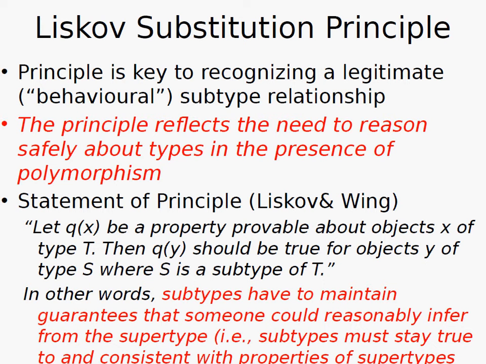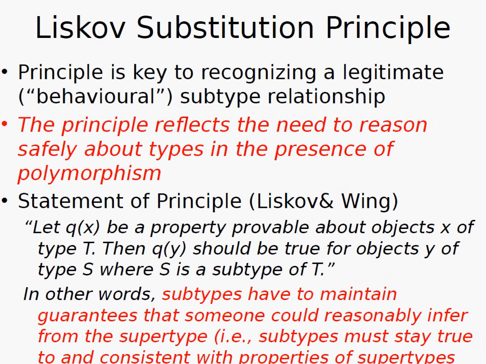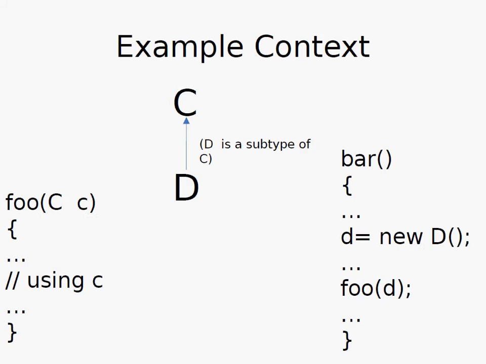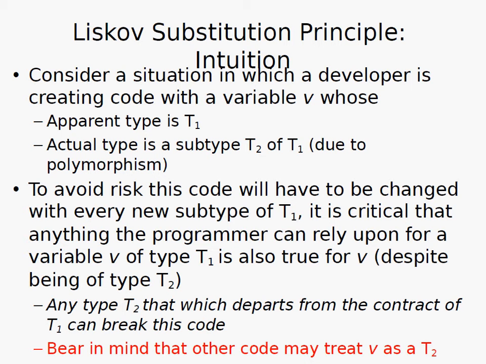So if you see a definition of car, and you could come to certain conclusions from that, those conclusions should be adhered to by any subtype here. If you could look at the definition of C and come to certain conclusions, those should be adhered to by the subtype D. Okay, that's the overall idea.